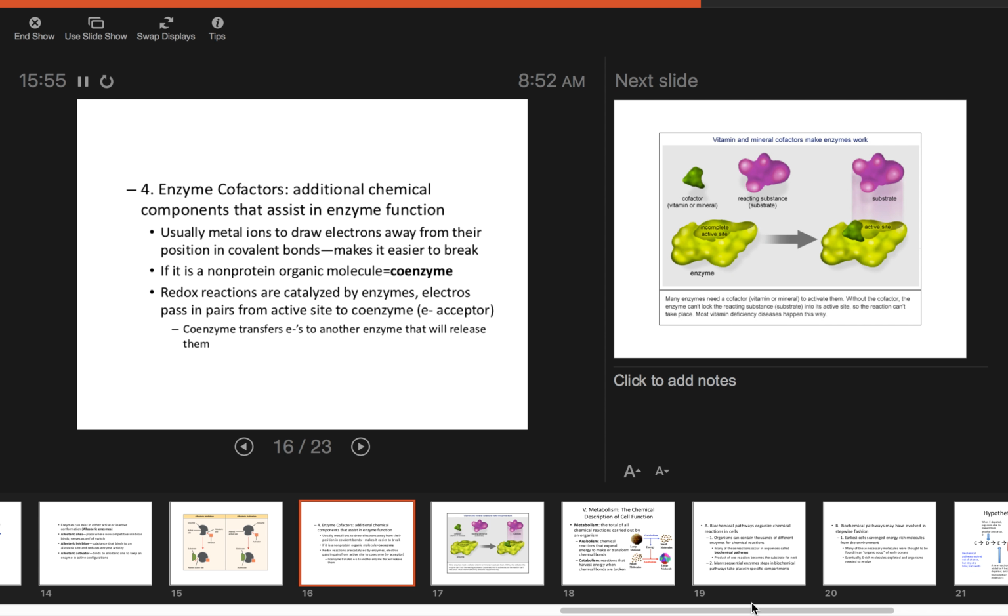It accepts the electron, so it gains. So it's actually being reduced. It's the opposite of what you think. OIL RIG: oxidation is loss, reduction is gain of electrons. So they gained electrons, and the coenzyme is being reduced.